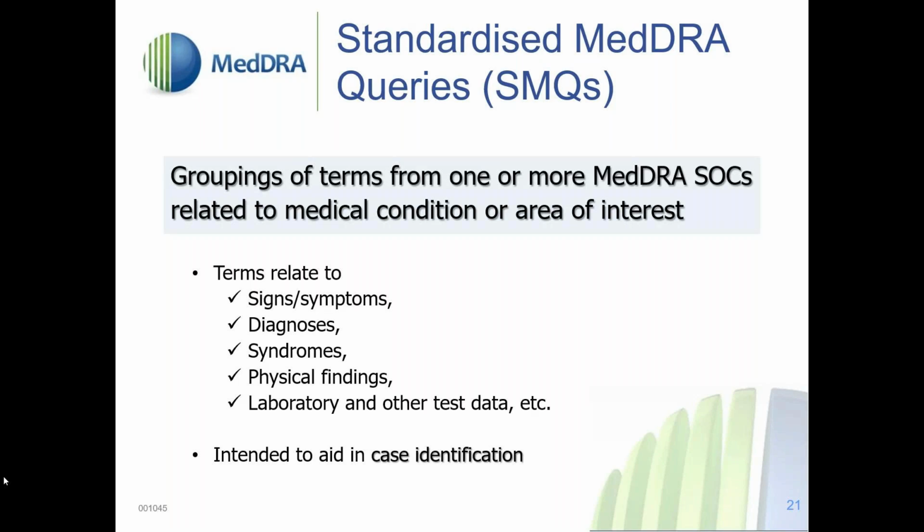And like any other query, they can contain terms for signs and symptoms, for diagnoses, for syndromes, physical findings, laboratory and other test data, etc. And they are, as other queries, also intended to aid in case identification.